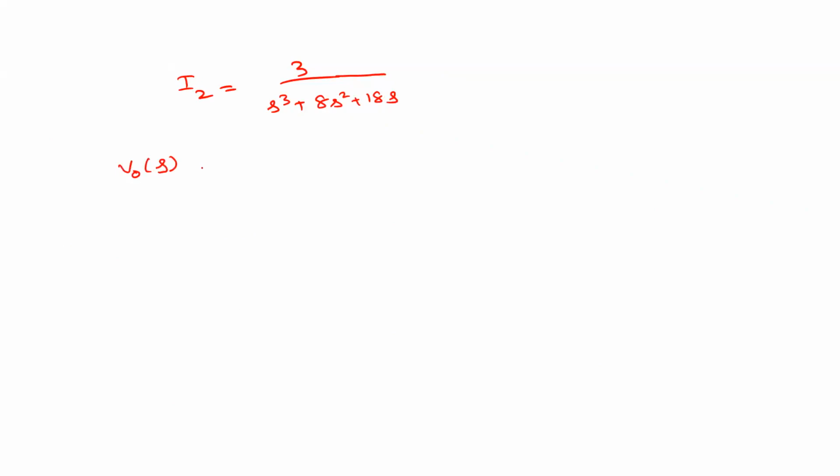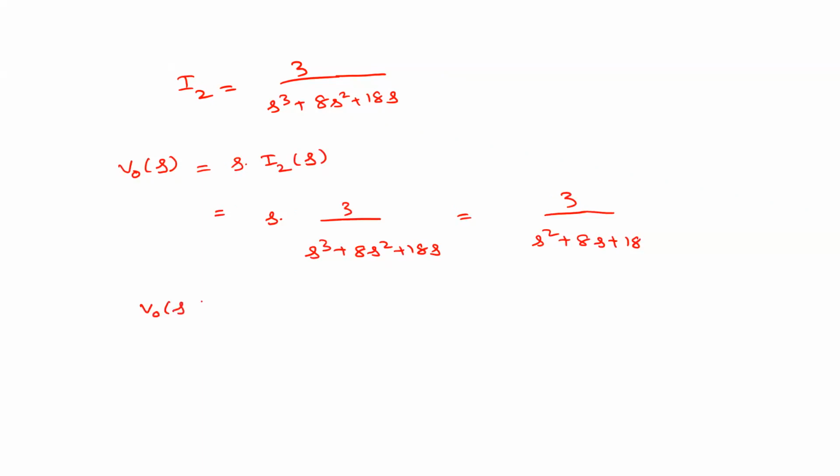This is I2 of S, so V naught of S is S into I2 of S. So this is S into 3 by S cube plus 8S square plus 18S. So what you will get here? 3 by S square plus 8S plus 18. So V naught of S is 3 by S square plus 8S plus 18, right?